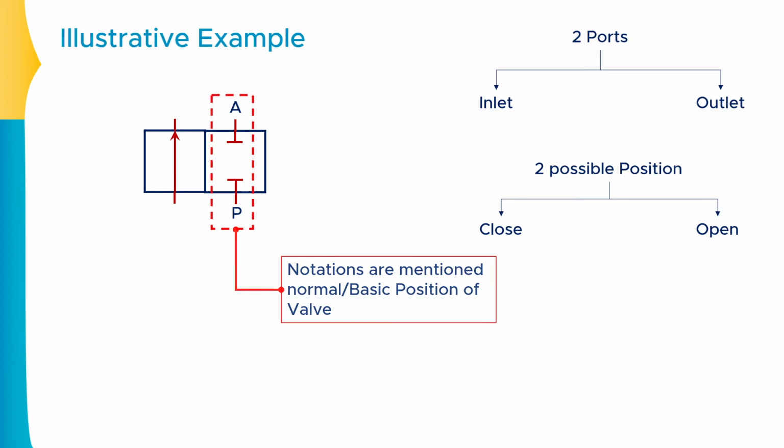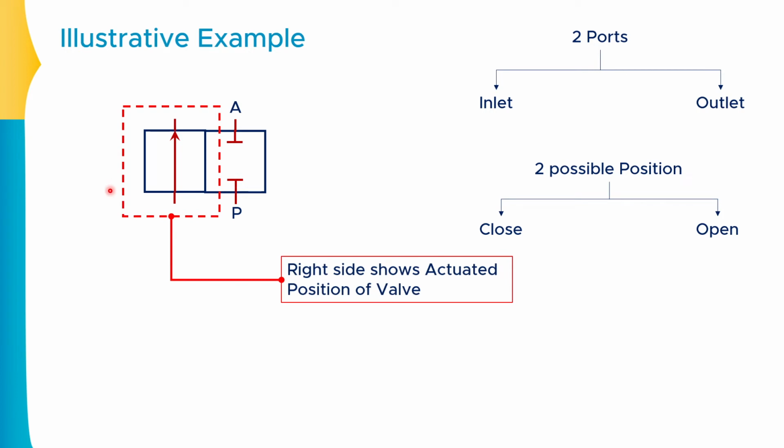And next, the left hand side that you are seeing is the actuated position of the valve, in which the valve is open. So there are a total of two positions. The very first is the normal or basic position, and the second is the actuated position. There can be multiple actuated positions, and there may be more than one normal or basic position also.